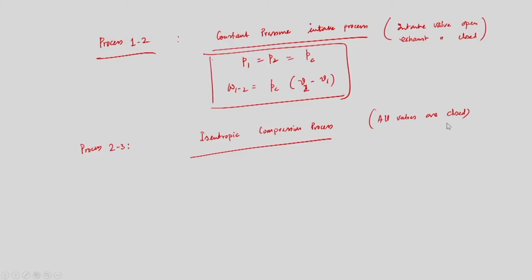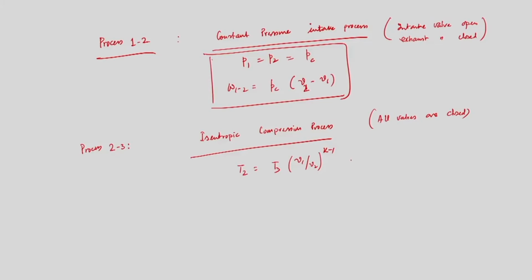So, what can I write? T3 is equal to T2 into V2 by V3 to the power k minus 1. We are assuming air as an ideal gas and using the ideal gas relationship.